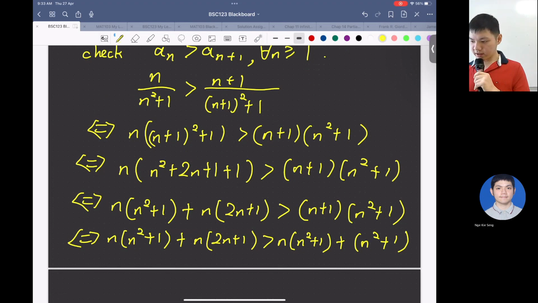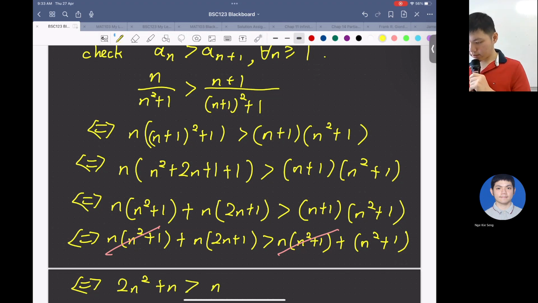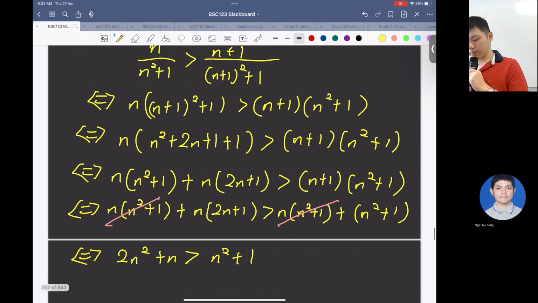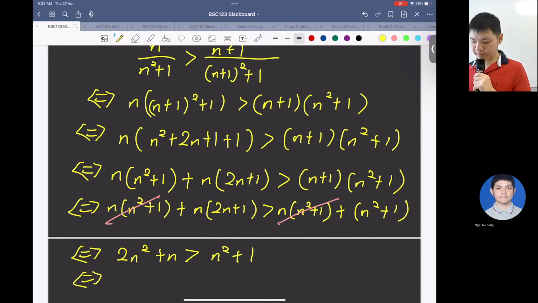Okay, so you can see that there are two similar terms we can cancel, which is 2n squared greater than n squared plus 1. Okay, so in the end we get n squared plus n greater than 1.